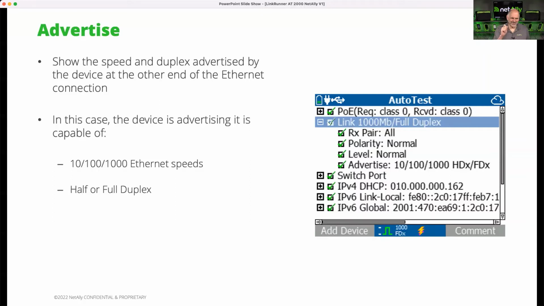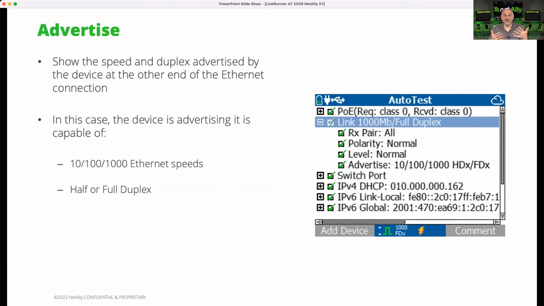Now here's kind of a neat little piece. I don't have to plug this into a switch. I can plug this into a printer, a PC, a camera, an access point. What this will do is decode what the other end is telling me. So if I have a printer that just isn't connecting up, maybe that printer is only capable of doing 100, but somebody set the switch port to gig.